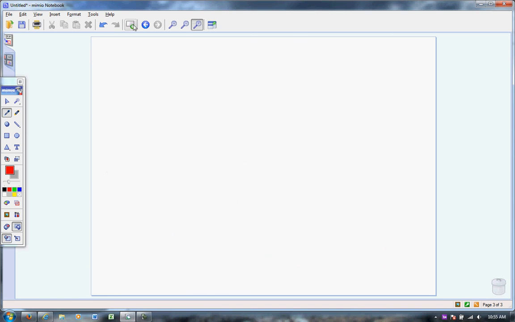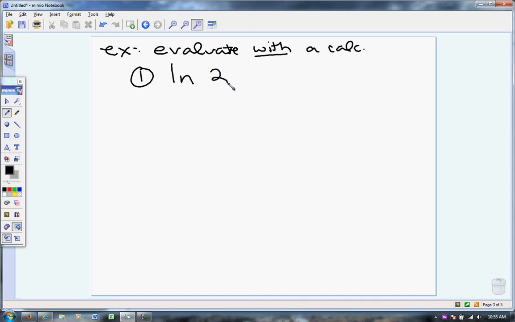So you'll have some where you have to evaluate without a calculator. And then they'll give you some where they say evaluate with a calculator. And of course this will be very easy. If they give you the natural log of 2, then we get to use our graphing calculator.